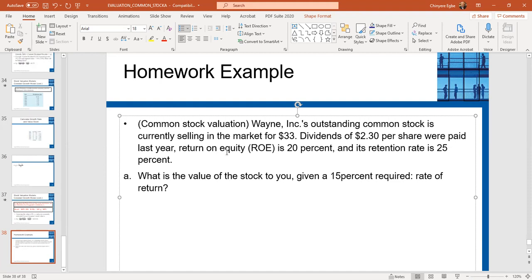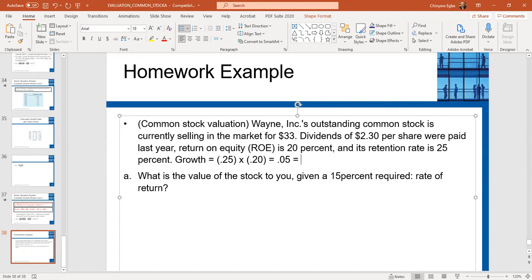So in that case, the growth will be equal to 25% of this 20%, which is 0.25 times 0.20, which is 0.05.